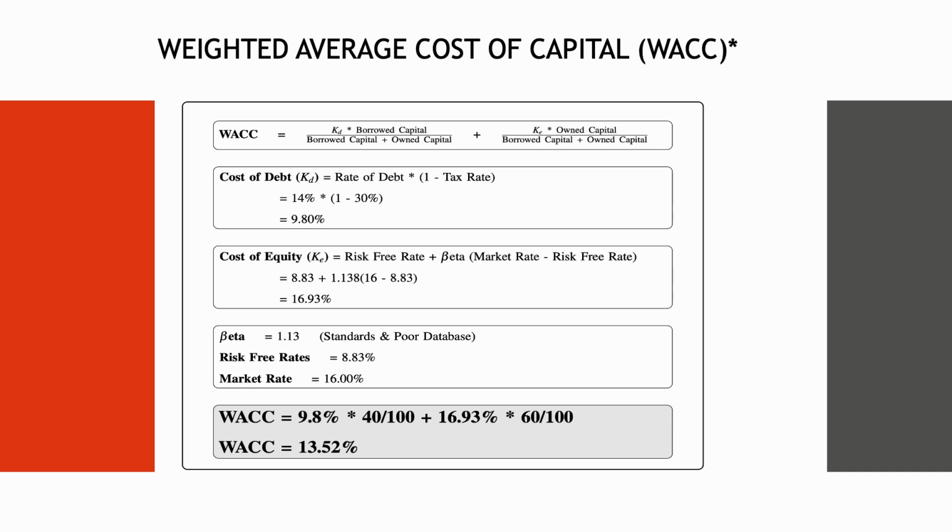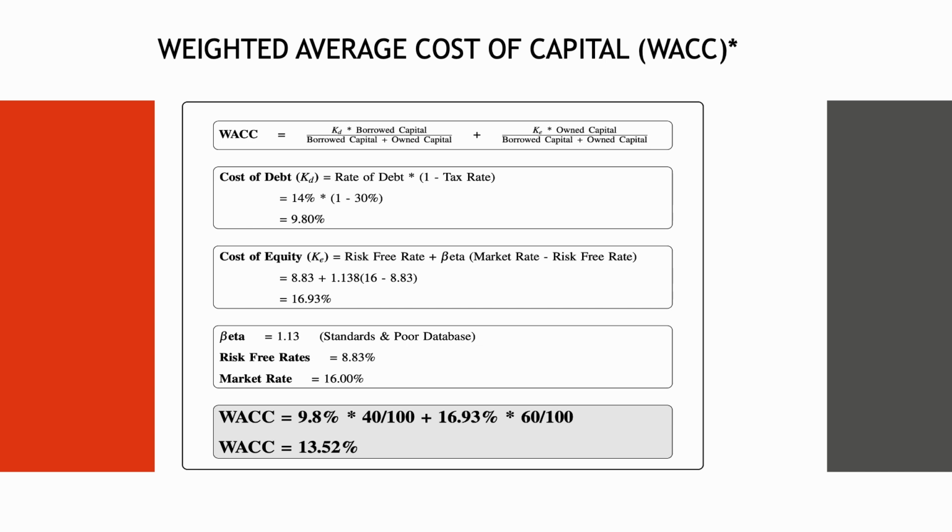The formula for calculating the cost of equity is as follows. KE equals risk-free rate, RF, plus beta, and I will explain this to you in a minute, plus beta into market rate minus risk-free rate. Okay, so what is the risk-free rate, RF?